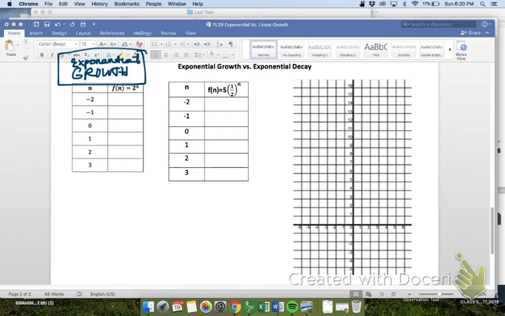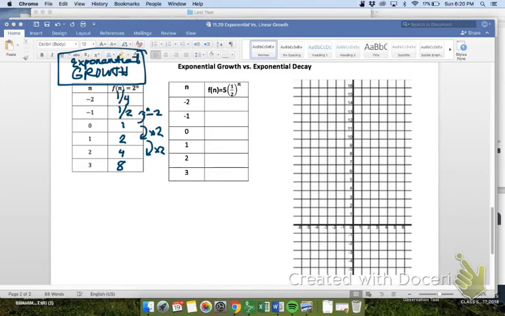We can remember what we did on the previous page, right? We started with 2 to the 0 being 1, and you can think about your multiplication once again. So you get 1, 2, 4, 8, and then you think about your division going backwards, and you get 1/2 and 1/4.